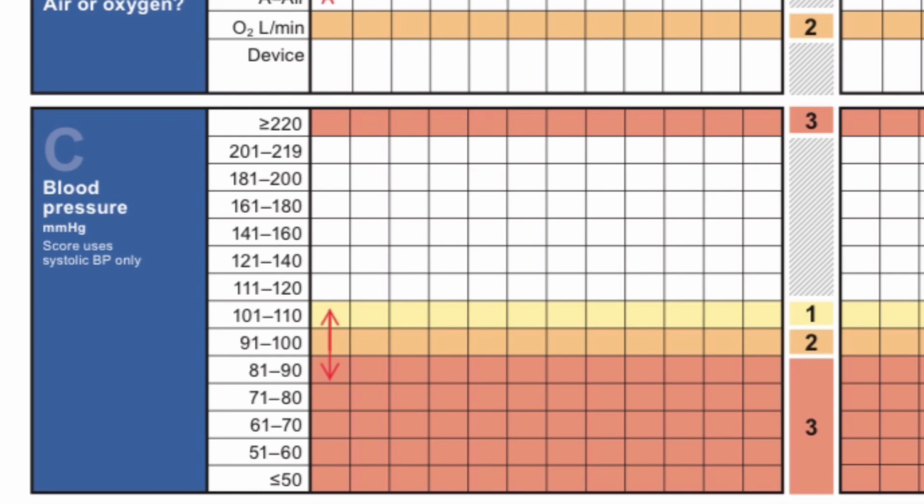Some people have doubt about whether they need to write it down. You can write, but if you write in a different way, don't do it. Just focus on this way, the arrow mark is enough. For the diastolic, it is 81 to 90. That arrow mark you have to use. So this is the way you have to record your blood pressure.